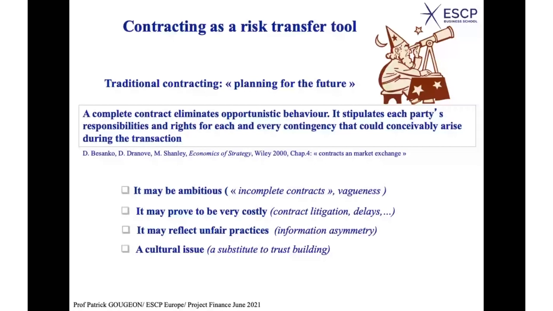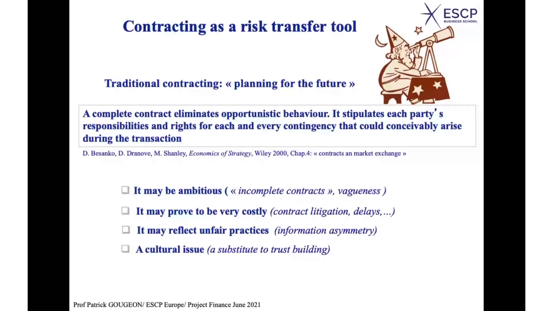So building trust is a kind of necessity for complex projects as a complement to contracting. That's something that should be clearly understood. And if you look at the failures of many projects, they come from the fact that people were not able to work together, counting too much on contracts rather than on personal relations.